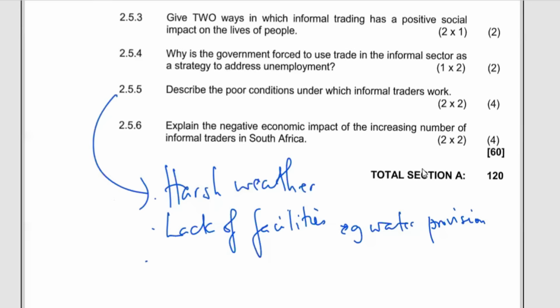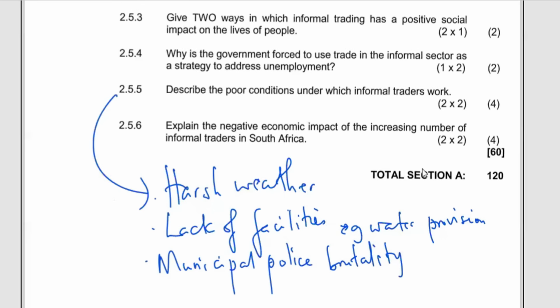Then we can also look at the other condition. We can look at municipal police. Usually the municipal police are brutal on the informal traders, and also confiscate their wares.